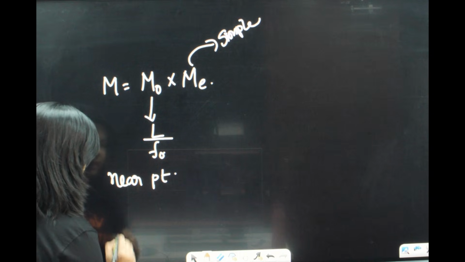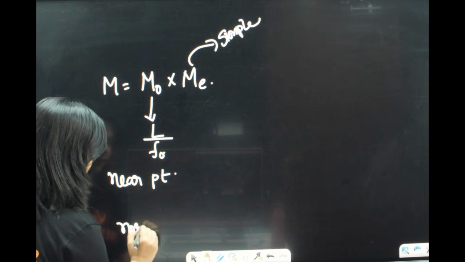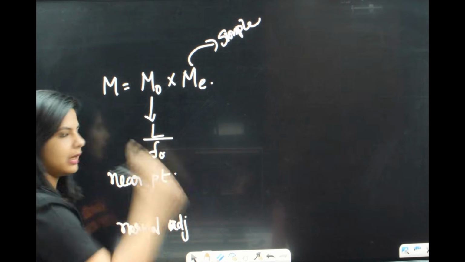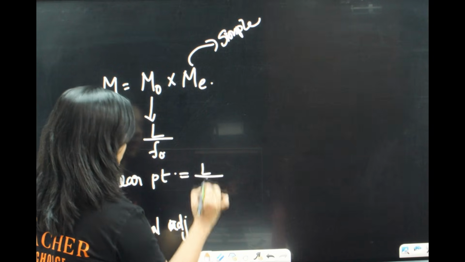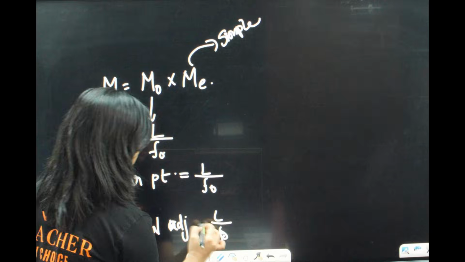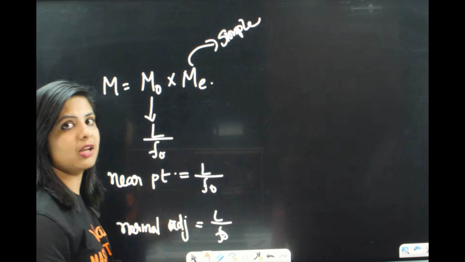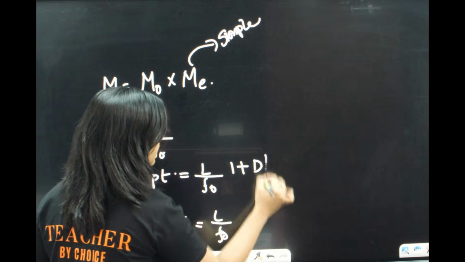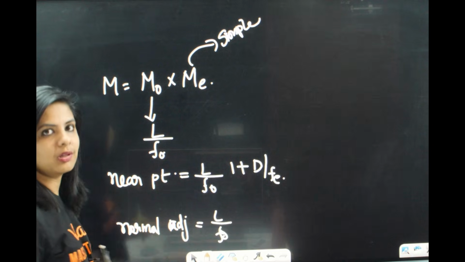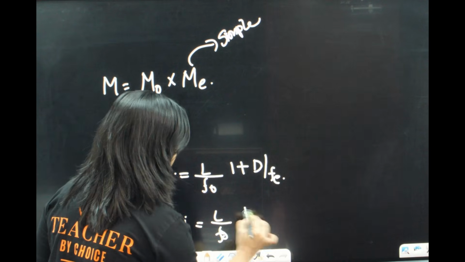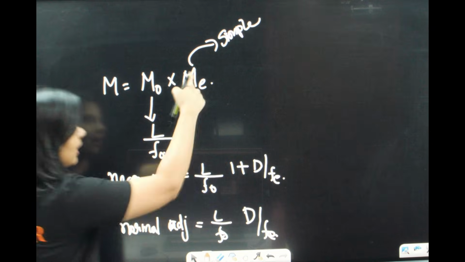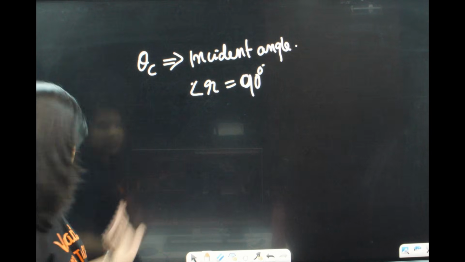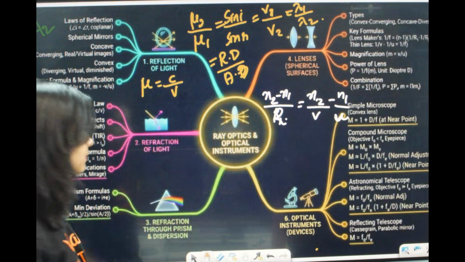Okay, and here I have the normal adjustment, which means the image at infinity. So L by F naught for both the cases, because that is nothing but the magnification of the objective. Now for the near point, we have studied this is the magnification. Now at the far point, we can replace ME as D by FE. That is the easiest method to study this equation.